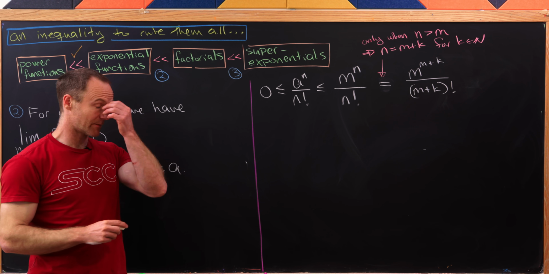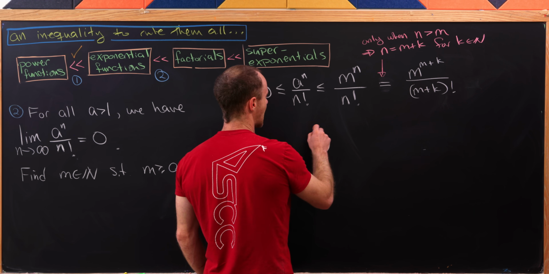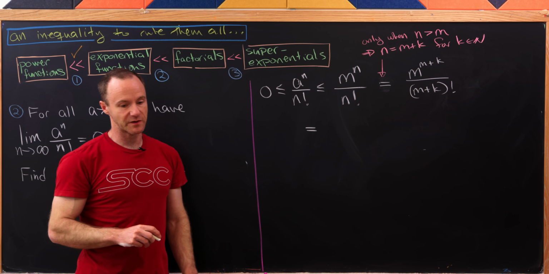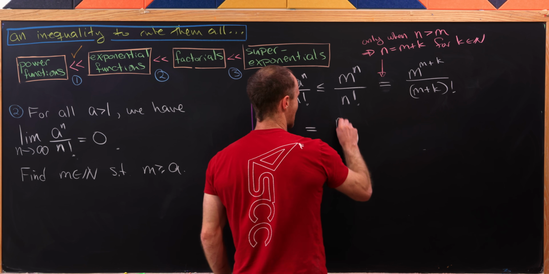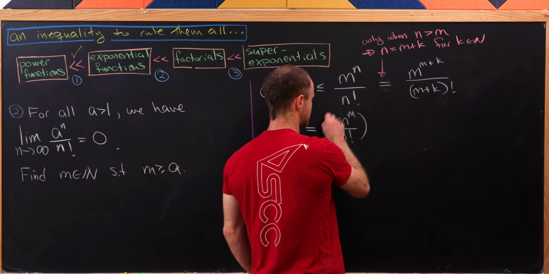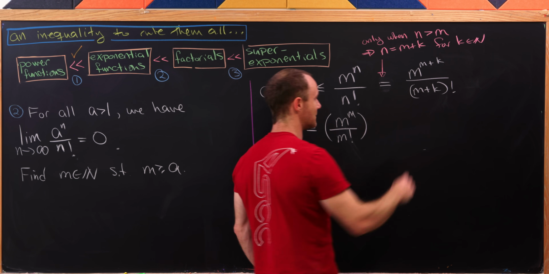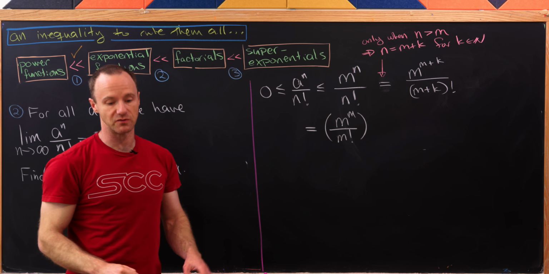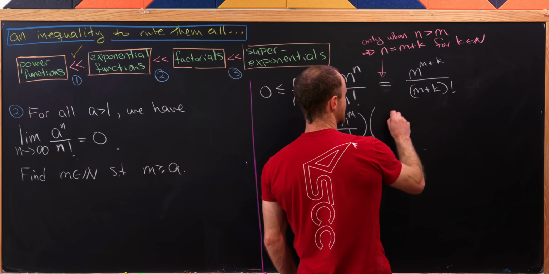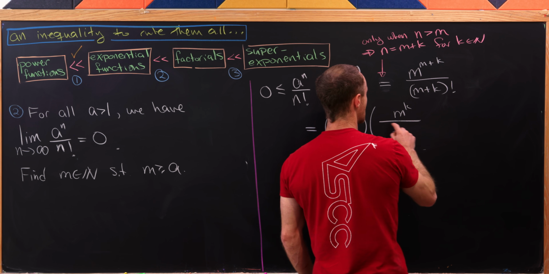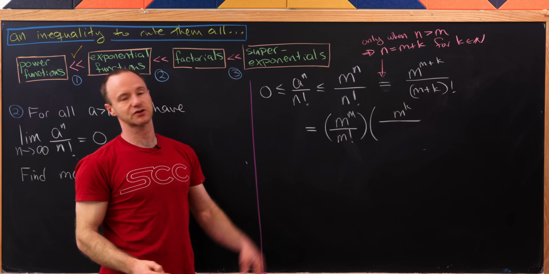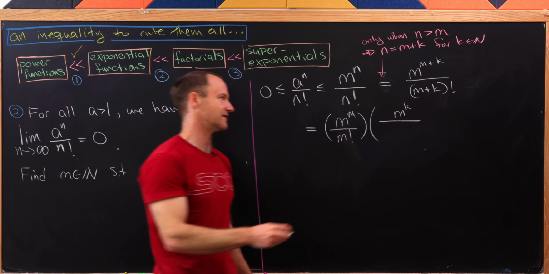Okay, so now I'm going to separate this into pieces, and those pieces will help us build our inequality. So the pieces will be as follows. I'll have an m to the m power over m factorial. So those are the first m parts of the products of the numerator and the denominator. And then I'll have an m to the k over, well, whatever it takes to build m factorial up to m plus k factorial.